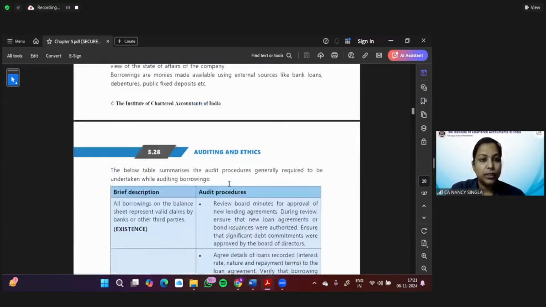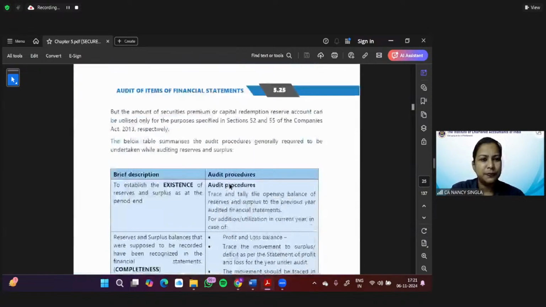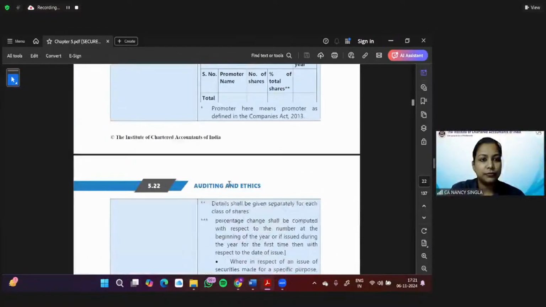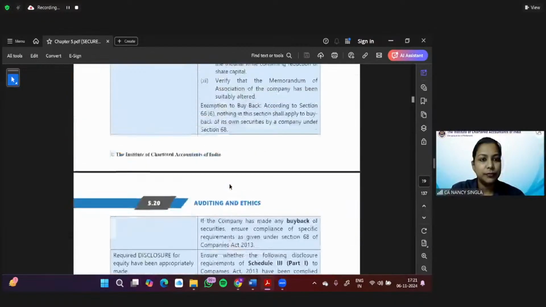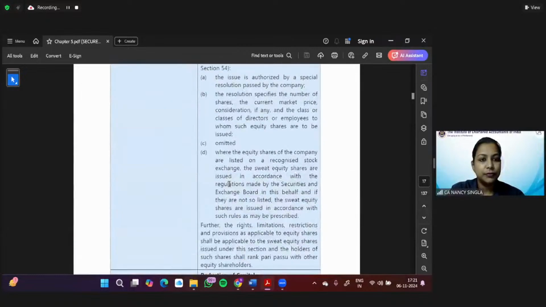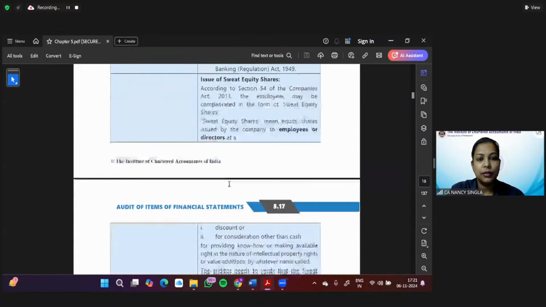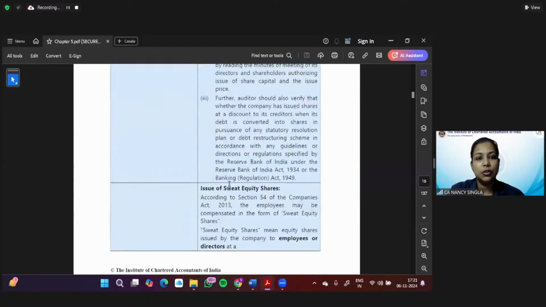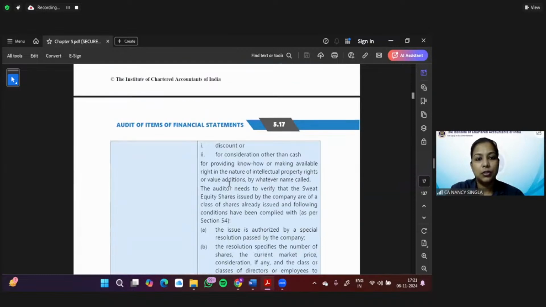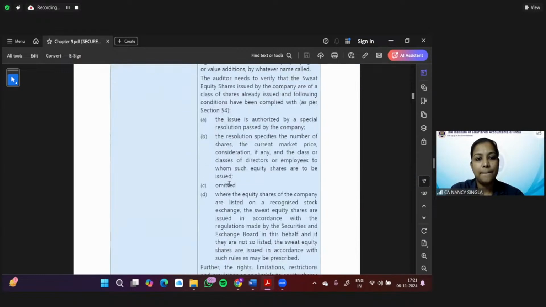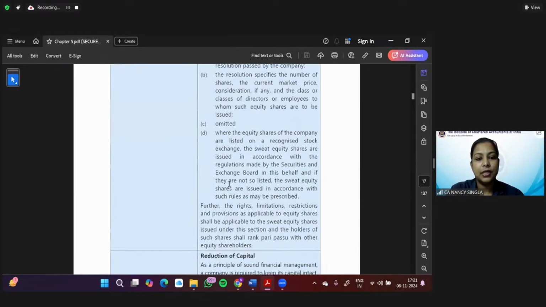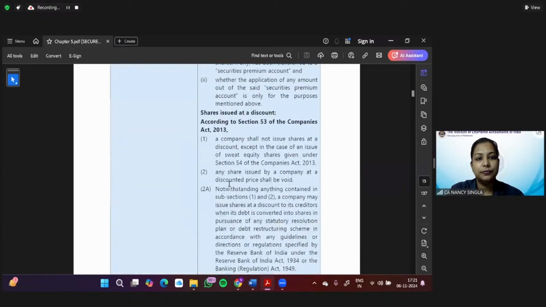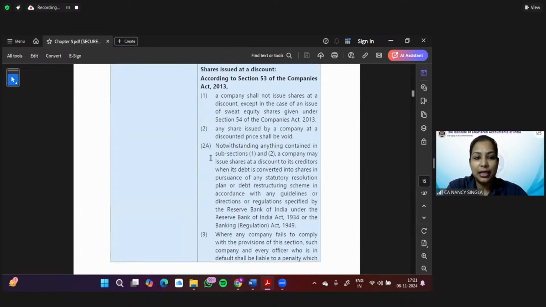So what is the relevant page number? See, not this. Section 53. So section 53 of the Companies Act, and the question is pertaining to this particular clause.